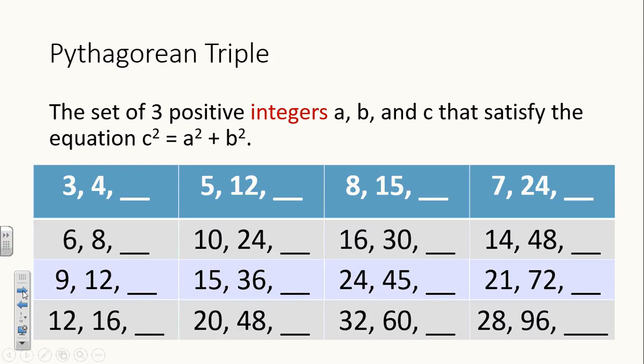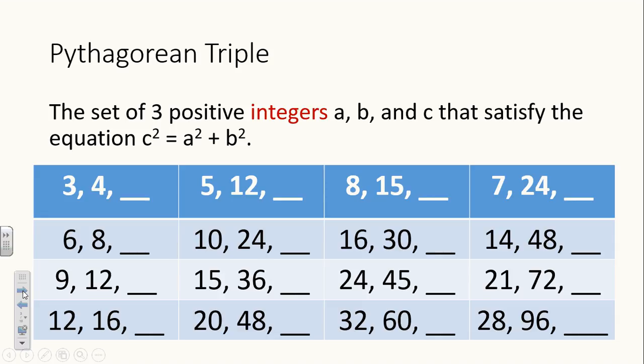So, the reason that we liked some of those problems that we worked with yesterday better than others was they came out as perfect square roots when we used our calculator. And we didn't have to make a cake, or use a factor tree or look for perfect squares. Those things are called Pythagorean triples.